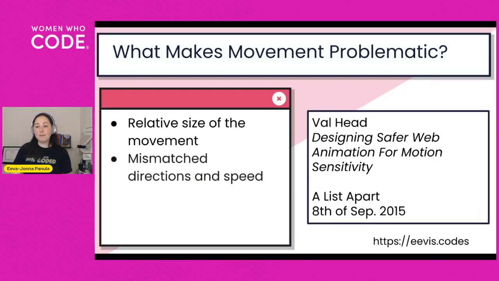Then the mismatched directions and speed. It's about when you are scrolling one way and the movement goes another way, that might be really problematic. Personally, animations that scroll horizontally when I'm trying to scroll vertically are actually the worst. If you remember an HTML element called marquee from the history, it's already deprecated, but unfortunately that animation is still used in many places.